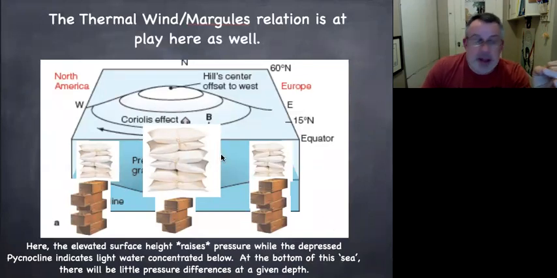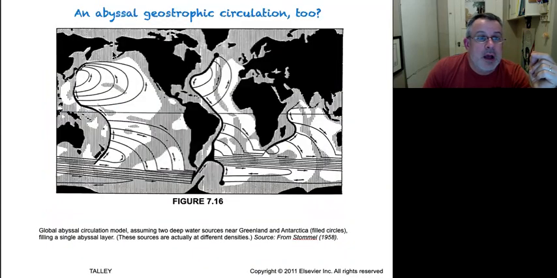The thermal wind is at play here as well, because at the bottom, when the pycnocline is depressed, we're actually getting horizontal density gradients as well. And even below that, there's another circulation, which we're going to talk about later, called the abyssal circulation, which goes off in kind of the opposite direction of the surface circulation.